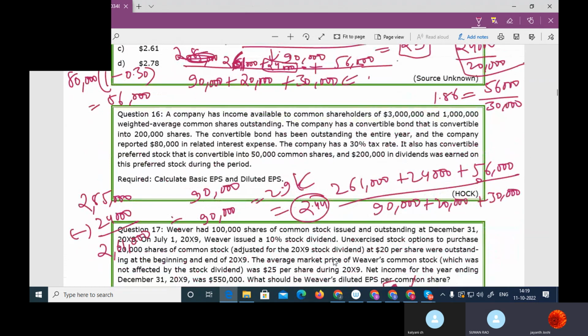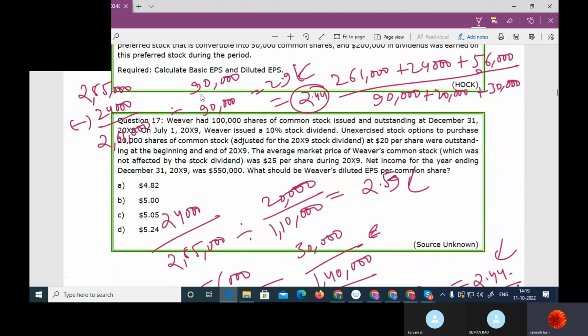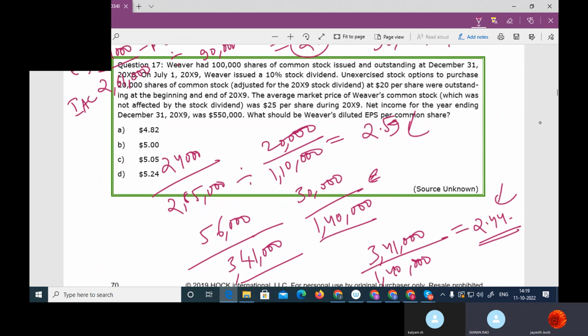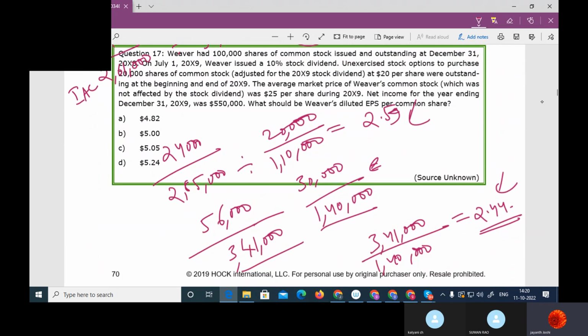Any doubts you can ask me. I have done it step by step also. I've taken 2,85,000 net income and deducted the preference share dividends. I got income available to common shareholders, divided by the outstanding shares, which gives 2.9, the basic EPS.